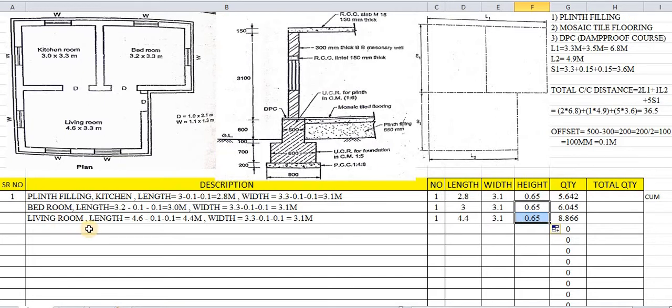Okay. So this is nothing but the plain filling quantity to be laid in the kitchen room, bedroom and living room. So here we will add these quantities and write the total. So this plus this plus this will be the total quantity.